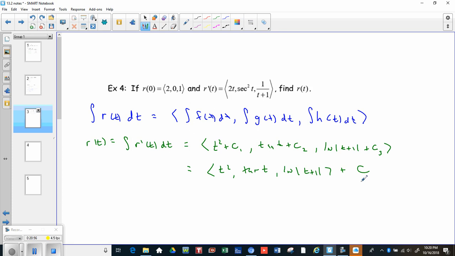Like before, the C was just a value, it was just a number. In this case, C represents the vector constant of integration.